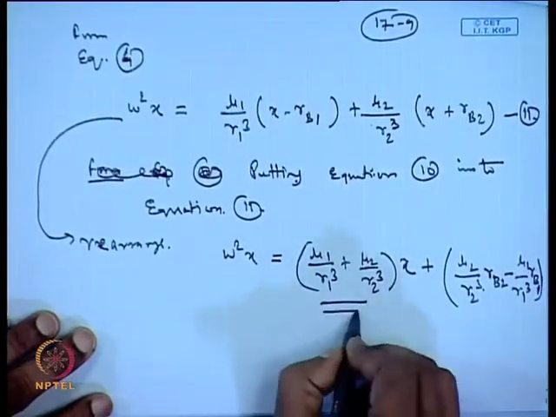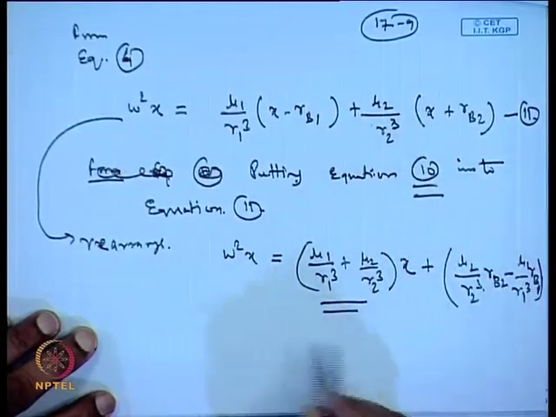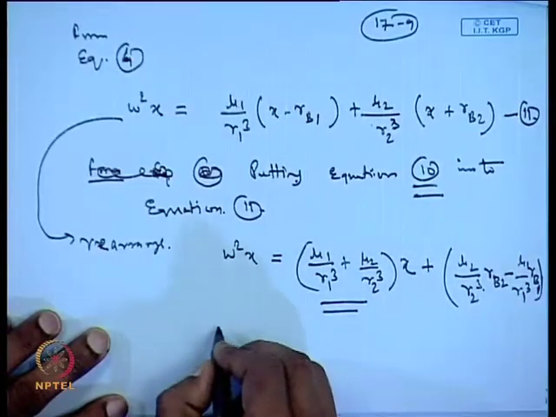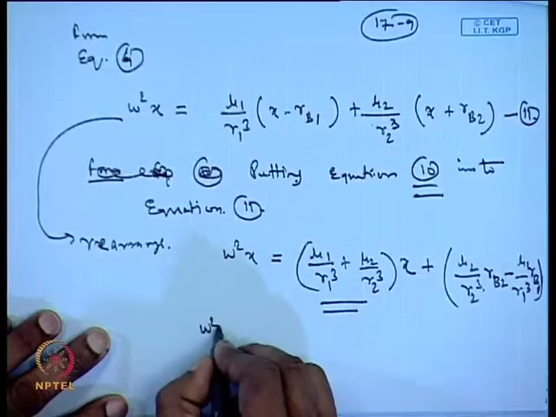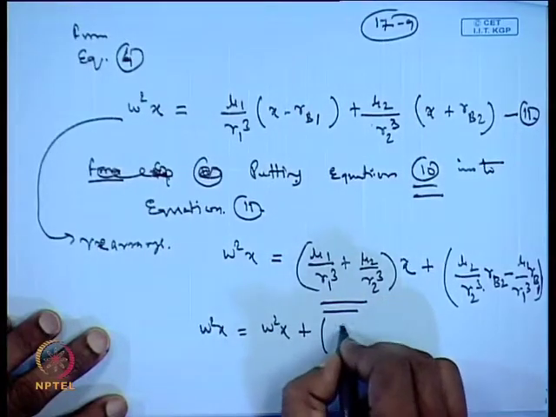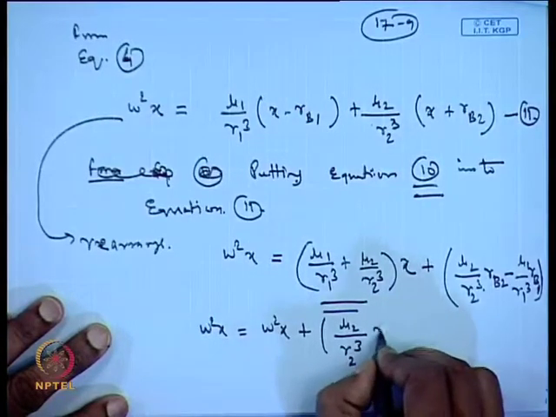So, this quantity we can substitute from equation number 10. This quantity is nothing but omega square x. So, omega square x and omega square x cancel out, as earlier we have done in the normalized form, but here in this format we are going to get a little more insight.